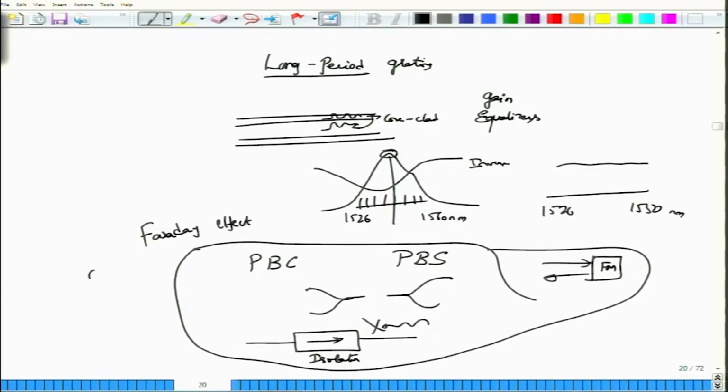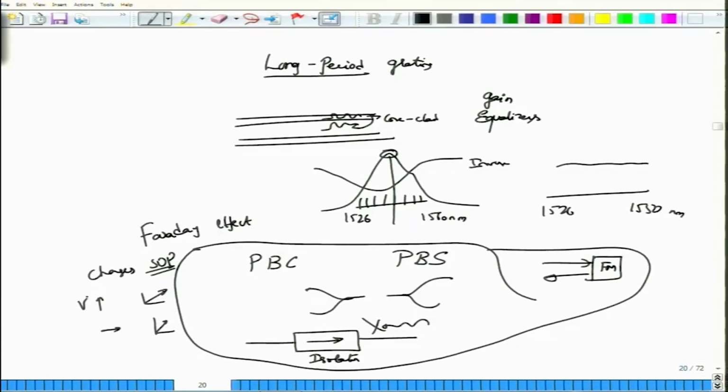Faraday effect changes the state of polarization. So if you send in a linear polarization in one direction, it may turn out to be linear but at an angle of 45 degrees at the output, but if you send in the 45 degrees from the other end of the fiber, at the output it won't go back to the original linear polarization. It will do one more 45 degree rotation, and then you will get light which is horizontally polarized.